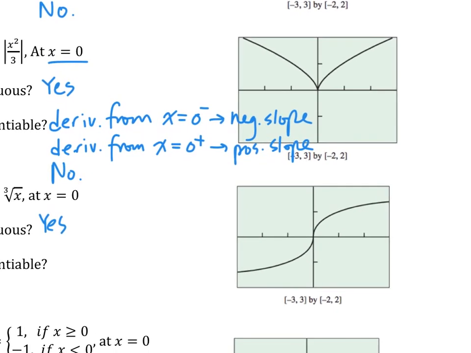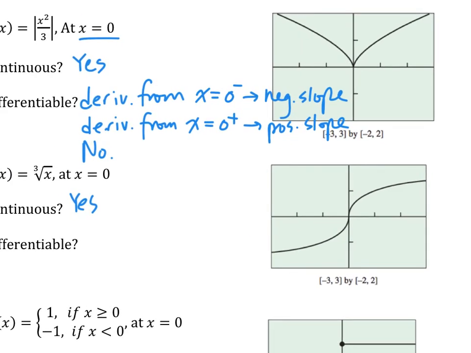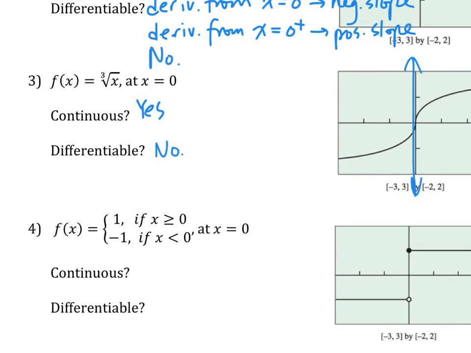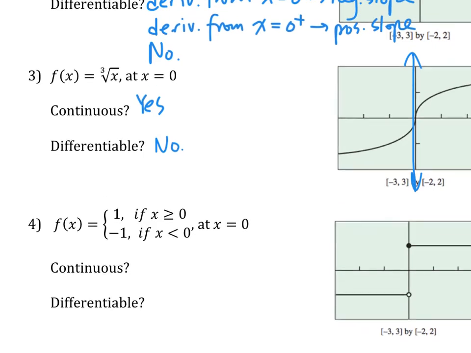I would put a vertical line. What is the slope of a vertical line? It is undefined. Since the slope at that point is undefined, we would say that it is not differentiable, because that slope does not even exist. If it doesn't have a slope, it's not differentiable. So this one, we're not quite looking at the left and right of 0, because at 0 there is just no slope.